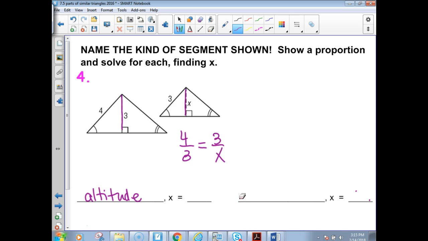I'm not sure exactly how she was looking at it, but no matter what I do, that's correct. I don't know whether you meant this 4 and that 3, and then that 3 and x, or this 4 over that 3 and then this over this. It gives you the same thing, and it's accurate. So we got 4 times x equals 9. And then when you divide, you should be getting 2.25.